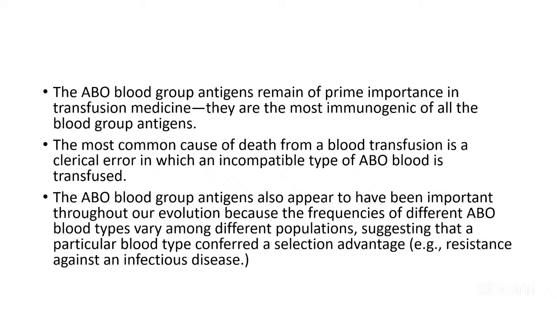The ABO blood group antigens also appear to have been important throughout our evolution, because the frequencies of different ABO blood types vary among different populations, suggesting that a particular blood type conferred a selection advantage, for example, resistance against an infectious disease.